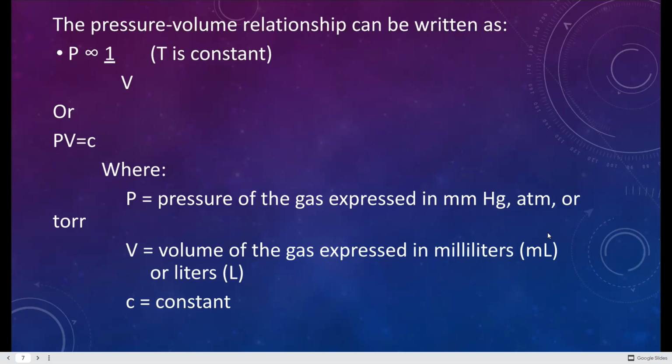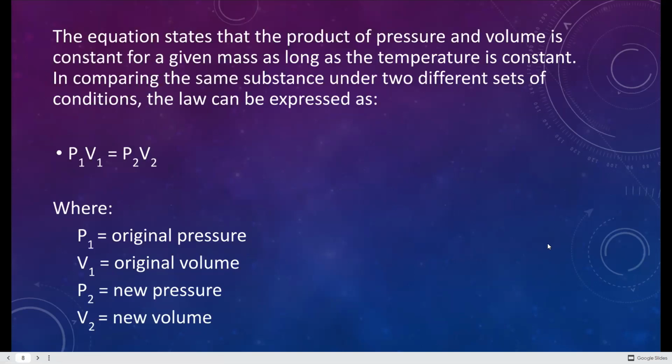So we need to move the pressure to the other side to make PV equal to C, or C is equal to PV. Still the same. The equation states that the product of pressure and volume is constant for a given mass as long as the temperature is constant. Take note, as long as the temperature is constant.